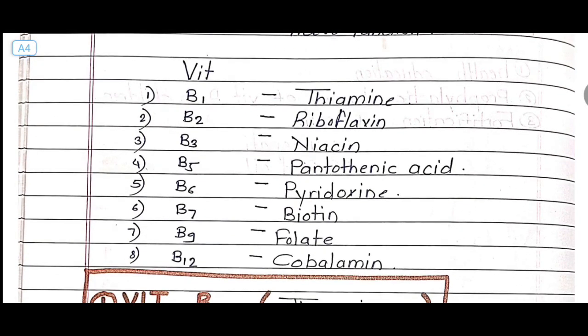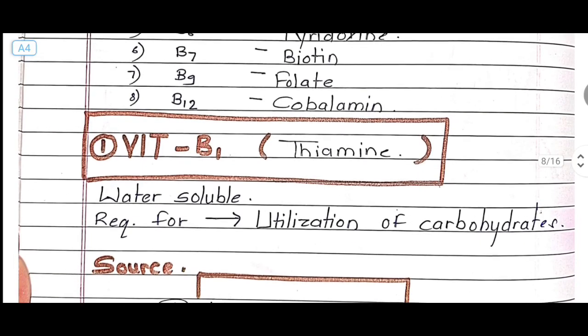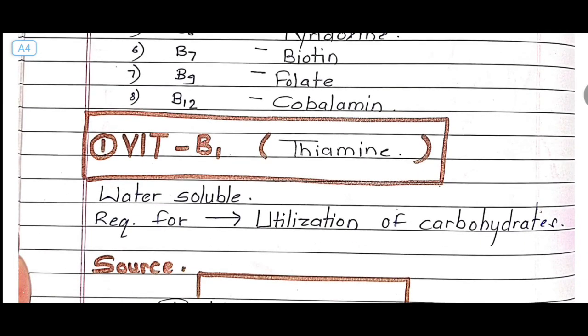The vitamin list is B1 thiamine, B2 riboflavin, B3 niacin, B5 pantothenic acid, B6 pyridoxine, B7 biotin, B9 folate, B12 cobalamin. So vitamin B complex is the most important vitamin. You can get an ASQ or ELQ on this vitamin B complex only.